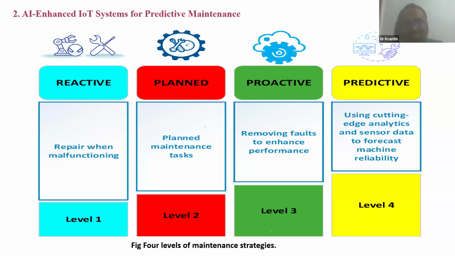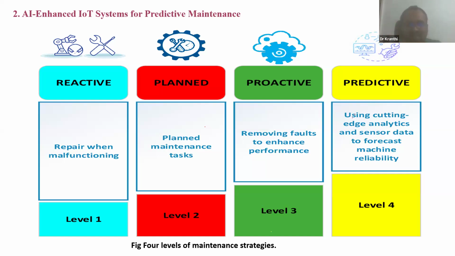In the case of planned maintenance, level 2, maintenance tasks are scheduled at regular intervals. To implement this, we need to maintain two things: one is the production environment, and one is the backup environment. For the backup, every 2 or 3 months we initiate the process and check whether we are getting any failures.